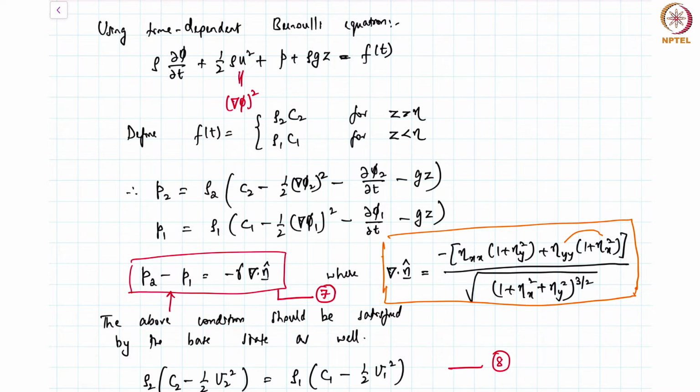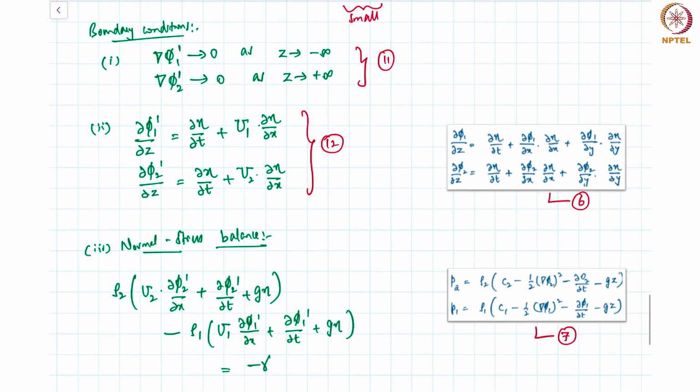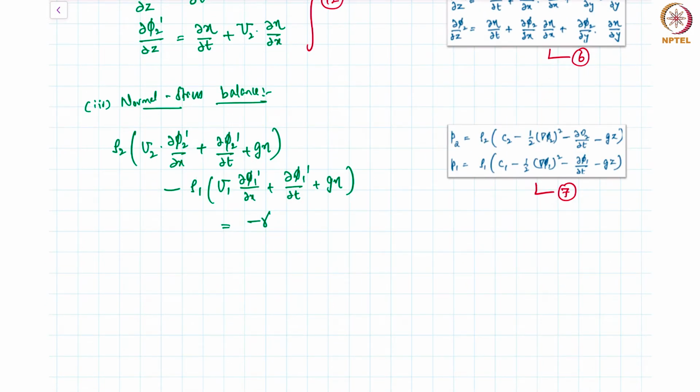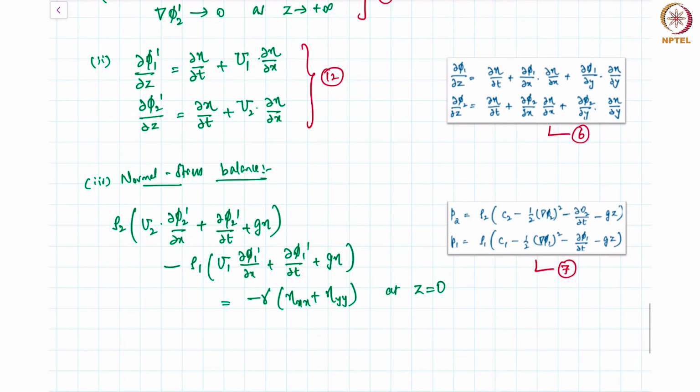And so if I ignore all these terms and only retain the linear terms, then I simply get minus gamma times eta xx plus eta yy. And where will this boundary condition be applied? This will be applied at z is equal to 0. This entire thing that I unfortunately had to write in 3 separate lines is my normal stress balance. So now, I think I should label this. Let's call this equation 13.